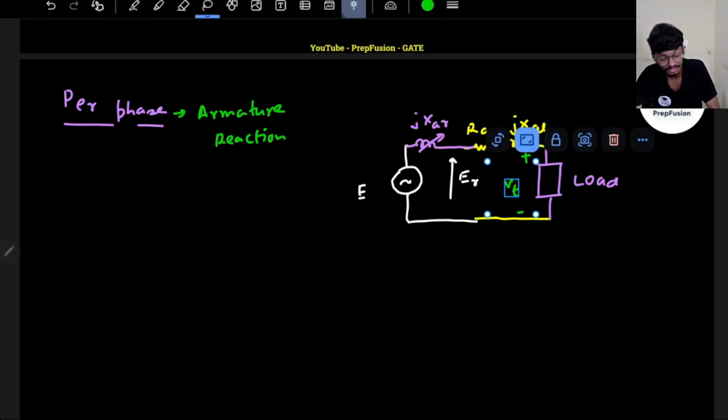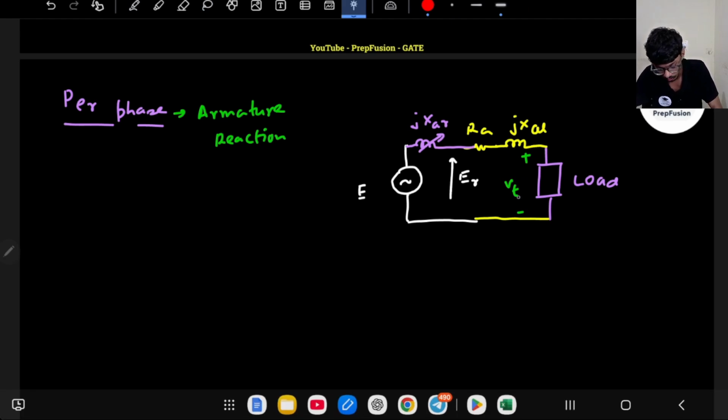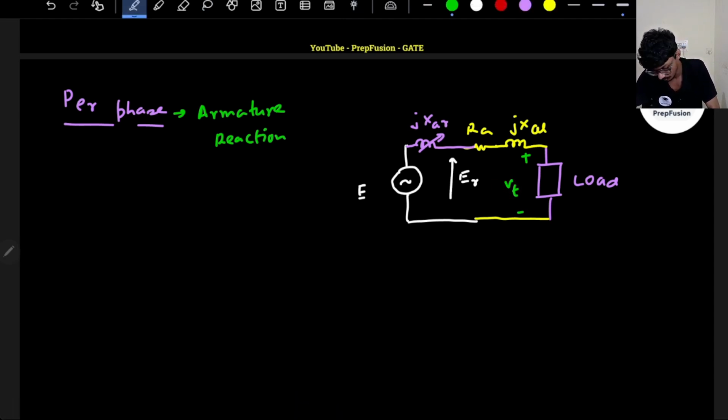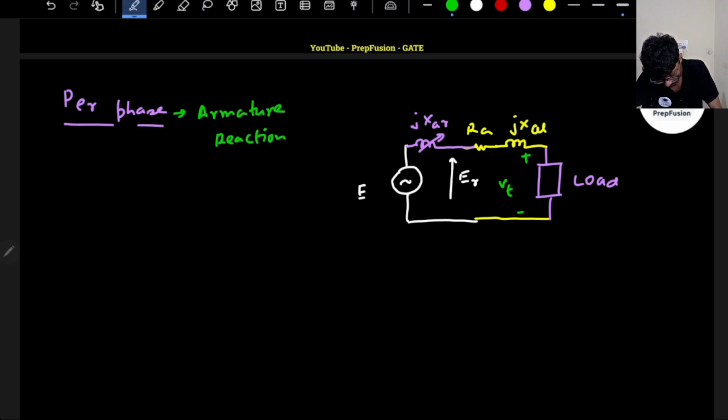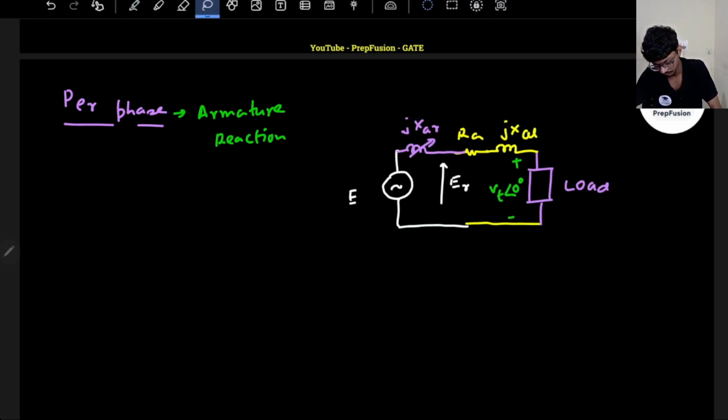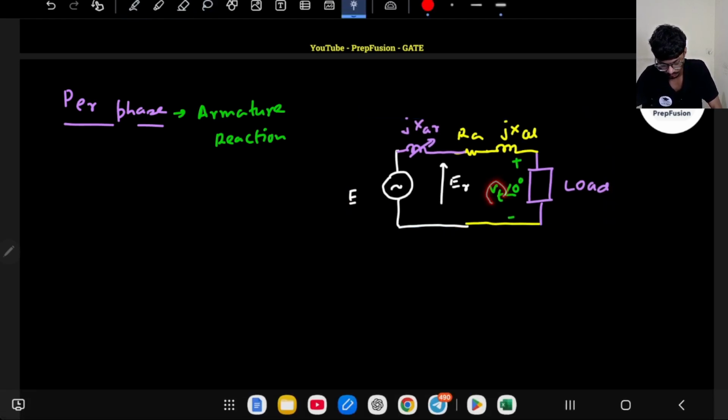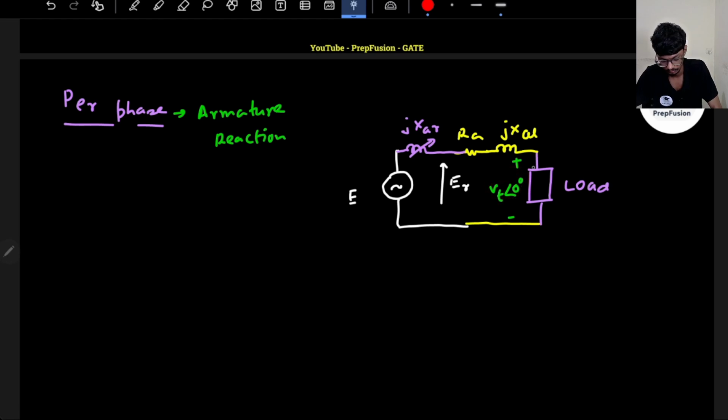So what voltage will the load see? The load will see this Vt. This is the terminal voltage Vt. The load will see Vt only. Okay, that's it basically. I hope you have understood this basic point.